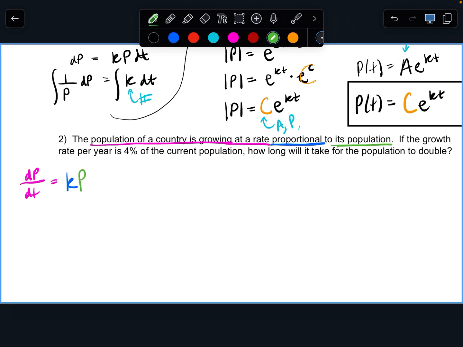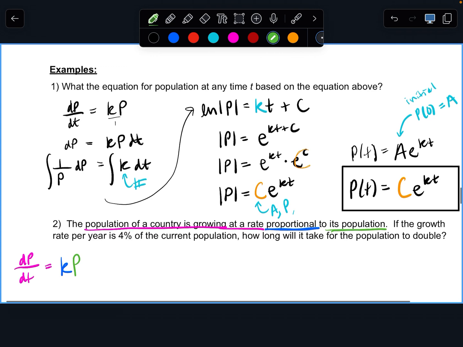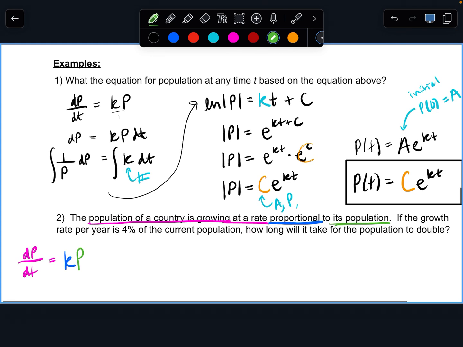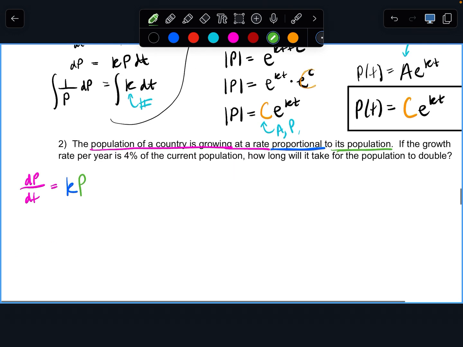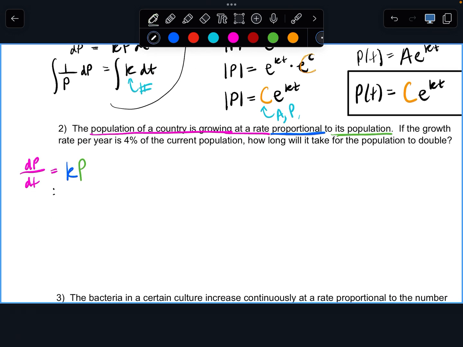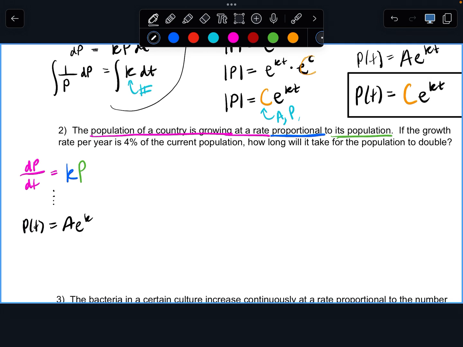Now, if you want, you can do the separating of variables. So if you're desperate and you forgot this equation, you can do this full separation of variables every single time for every single type one of these questions. Or you could commit to memory this formula for your population growth.